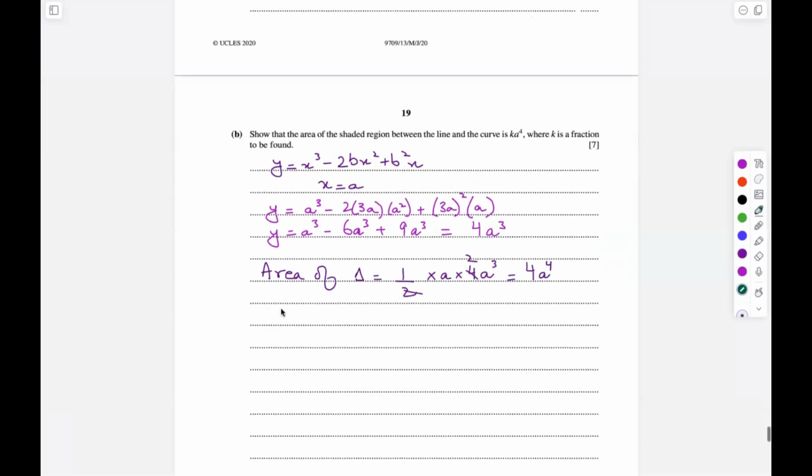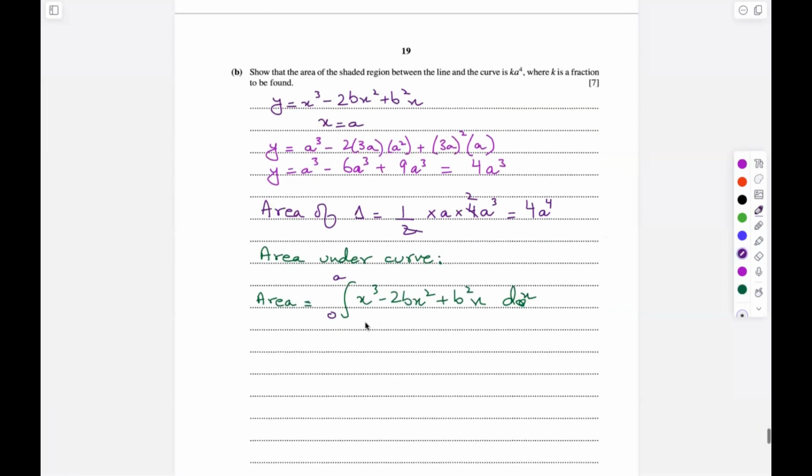Now to find the area under the curve, we'll integrate the equation of the curve, x cubed minus 2bx squared plus b squared x, dx, with the limits a and 0.